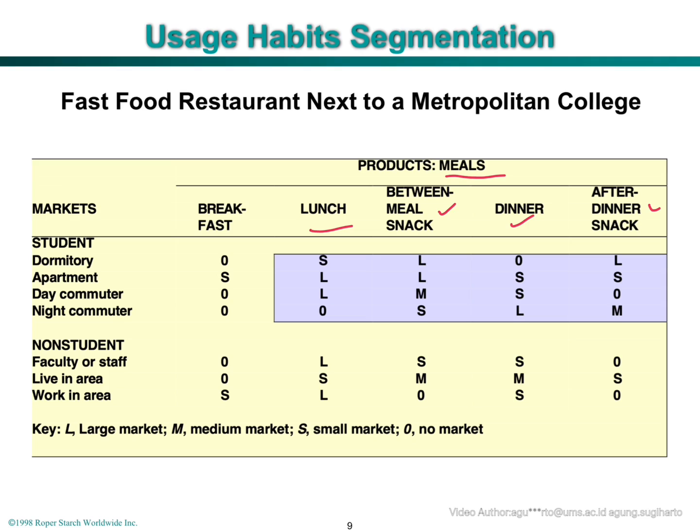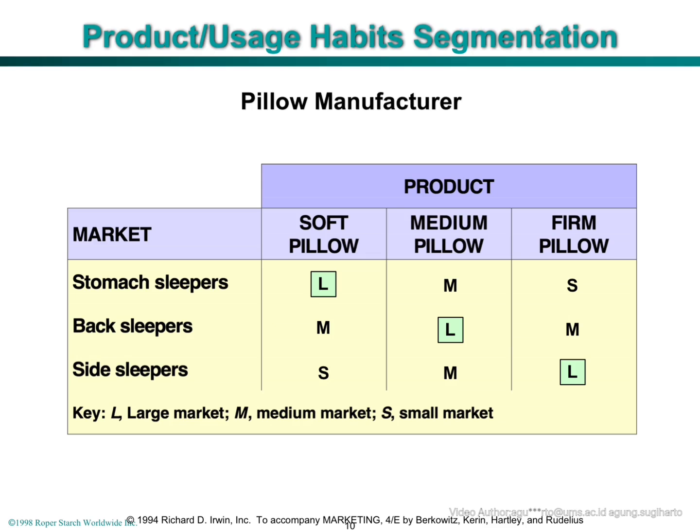Okay, that is the evaluation of the market, about the size of the market and what they need. And then this is another example of a product or usage habit: the pillow manufacturer.